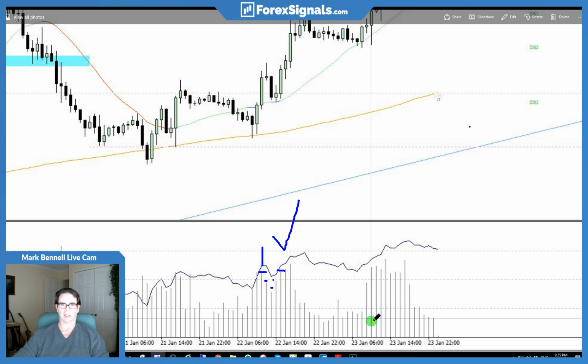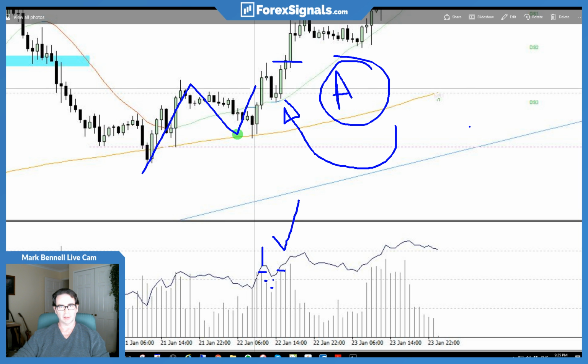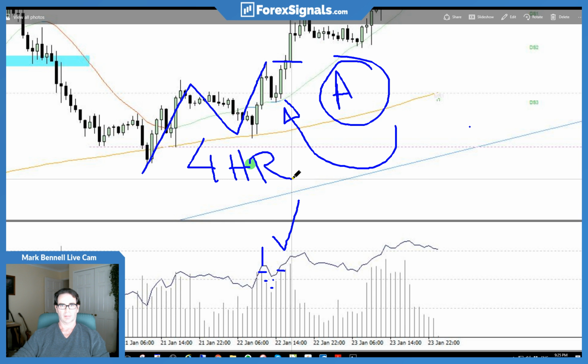So volume gets a tick. Right. So this one here, maybe a little stretched, but still, to me, this is an A grade. So this is one that's formed on the other side of the 4-hour pattern.